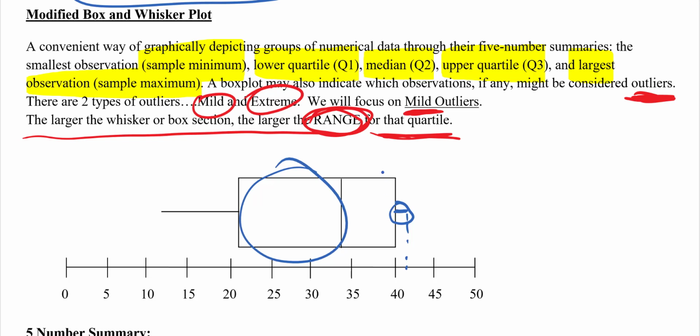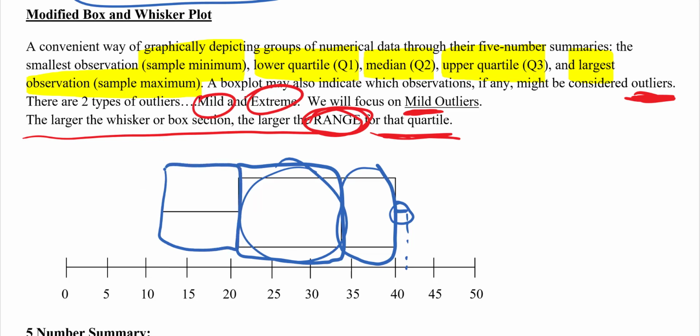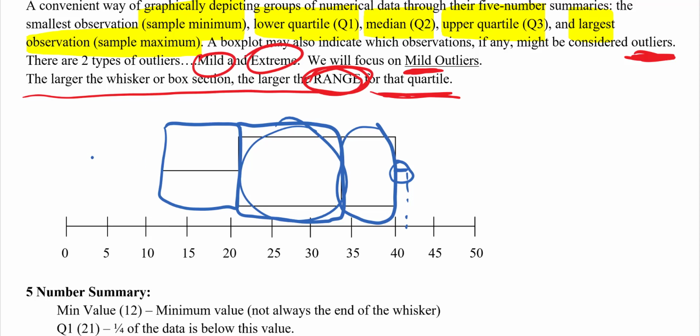And then the next range between 6 foot and 6'3" is a little bit bigger, and then between 5'4" and 6 feet, that's a big range, and then between 4'10" and 5'4", that's a decent sized range too. Okay, but it's all about the range. Histogram is frequency, modified box and whisker plot, range. Okay, very, very important.